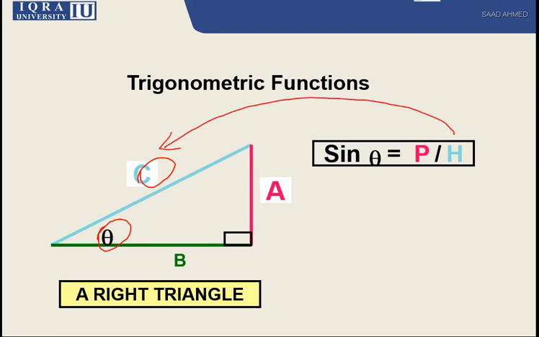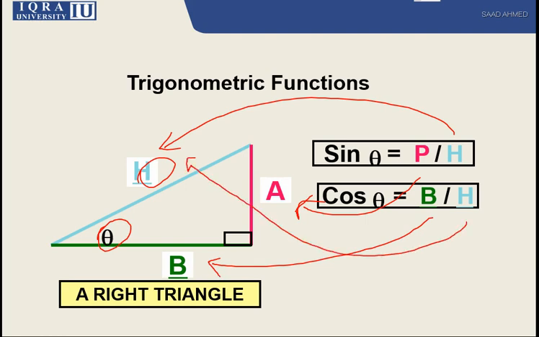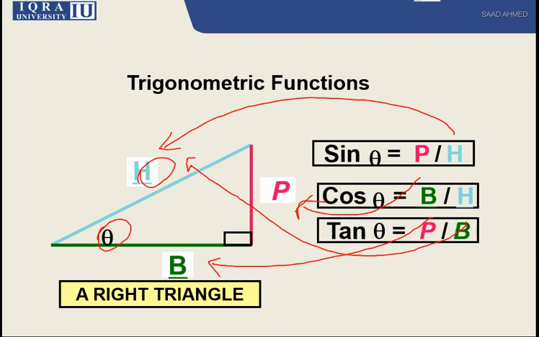This is the hypotenuse, this is the perpendicular. Cos theta is base upon hypotenuse. Tangent theta is perpendicular upon base. I hope you are getting my point.